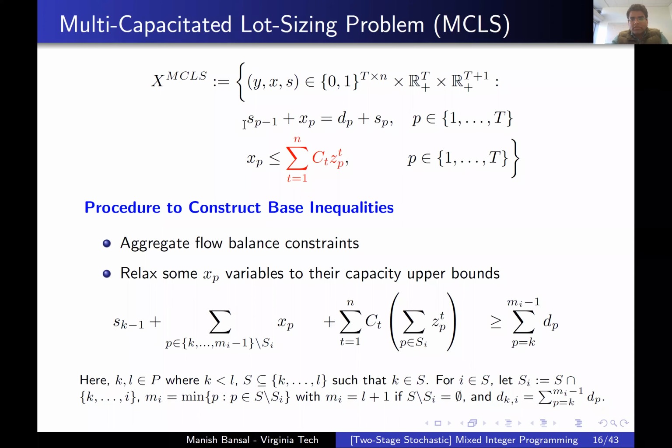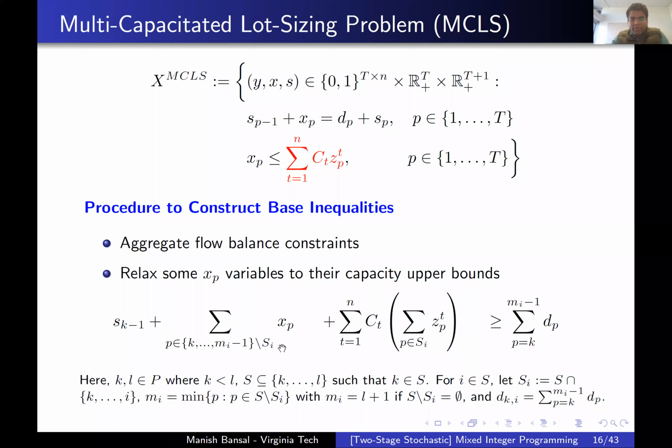Again, I won't get into the details of where this m_i minus 1 is coming from. What I will get is s_(k-1) plus the summation of x_p from p equal to k to m_i minus 1. For now, let's forget about this part. And this will be greater than or equal to, so essentially I will have another variable up here, which I will consider as the slack, and will reduce it to the equality form. So this will be greater than or equal to the sum of the demand from k to m_i minus 1.